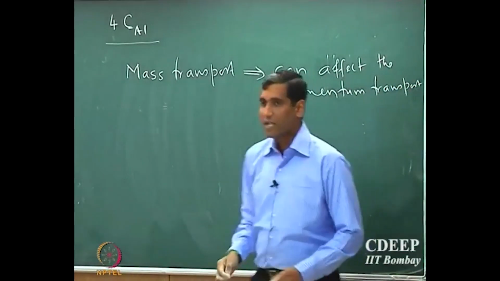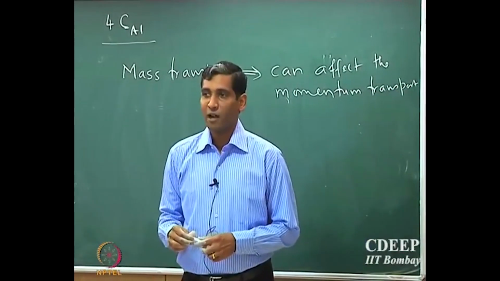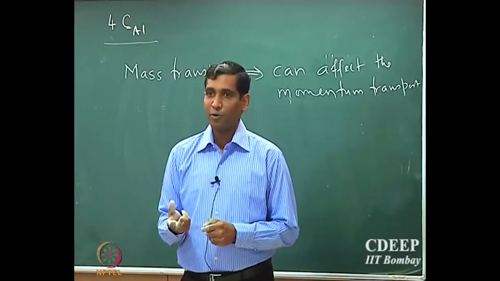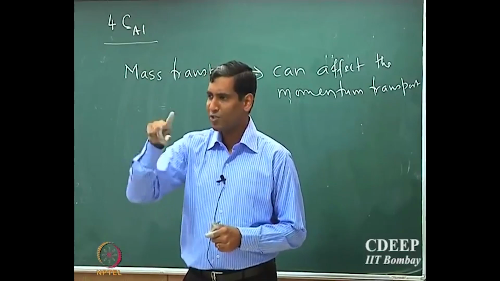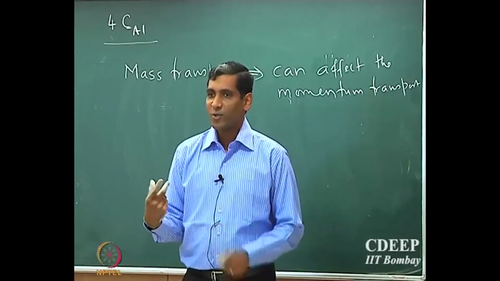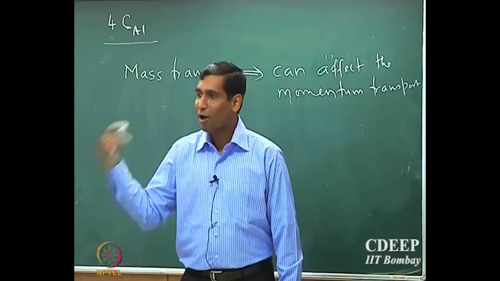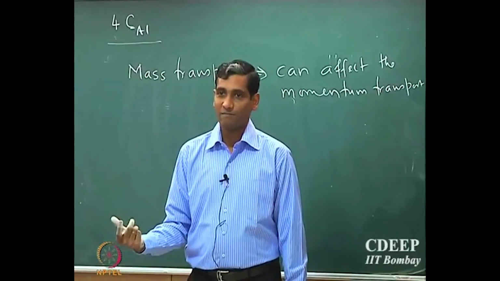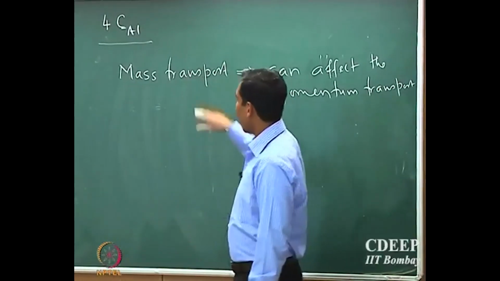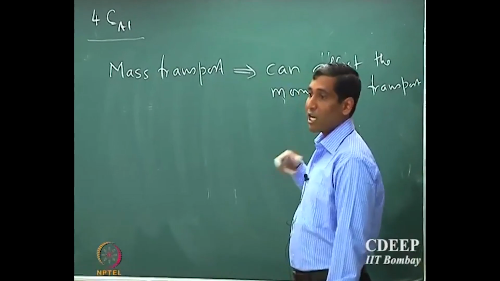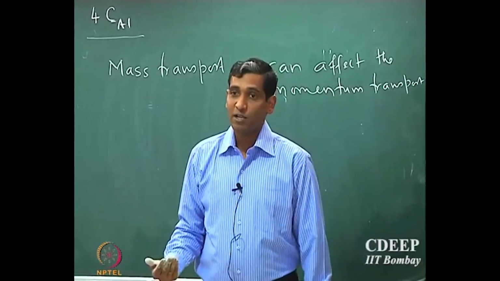In fact, you may recall in your transport course, the flux of mass transport was called J. It's defined as the diffusive flux plus the contribution from the convective flux, right? So anytime you have mass transport, in principle it can actually affect the convection of that species in that direction.